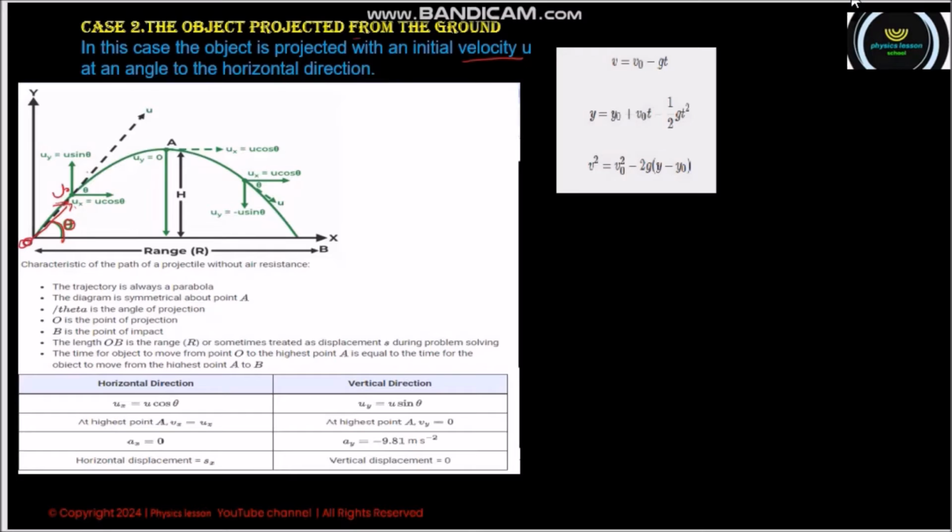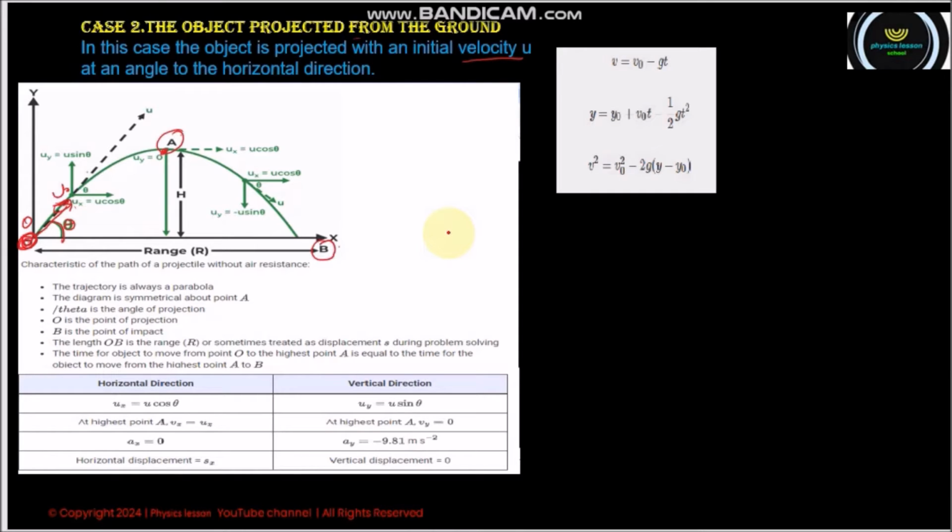Now let's see this from the ground. We have an object, and this object moves from, let's say, O to point A, then from point A to point C.